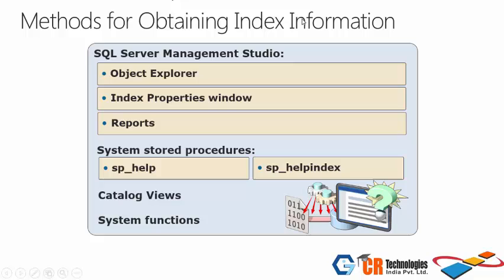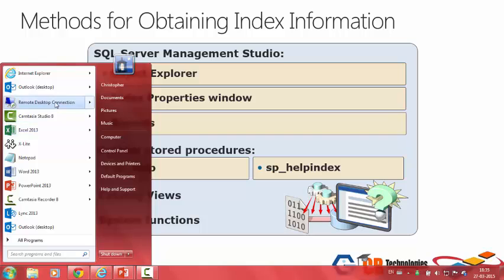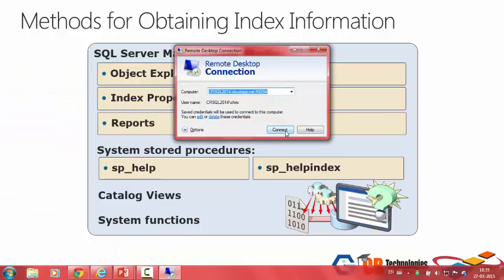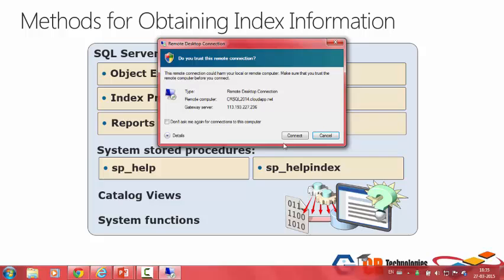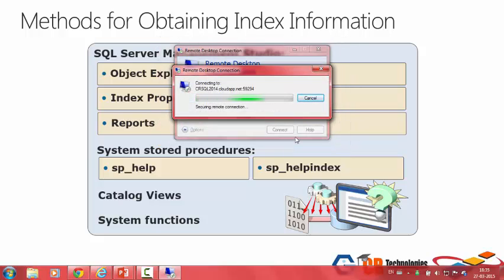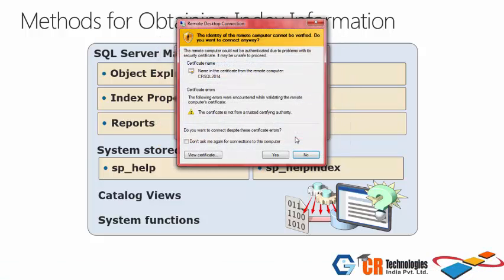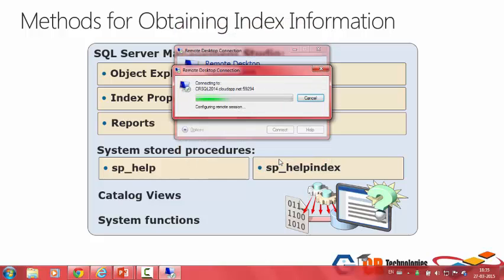I'm going to open up my VM right now and take you through a demo to show you some inputs about indexes. We'll do that right away, where I'll first connect to my remote desktop, and I will connect now to my virtual machine, and let's do some demos on understanding the indexes that we've learned so far.